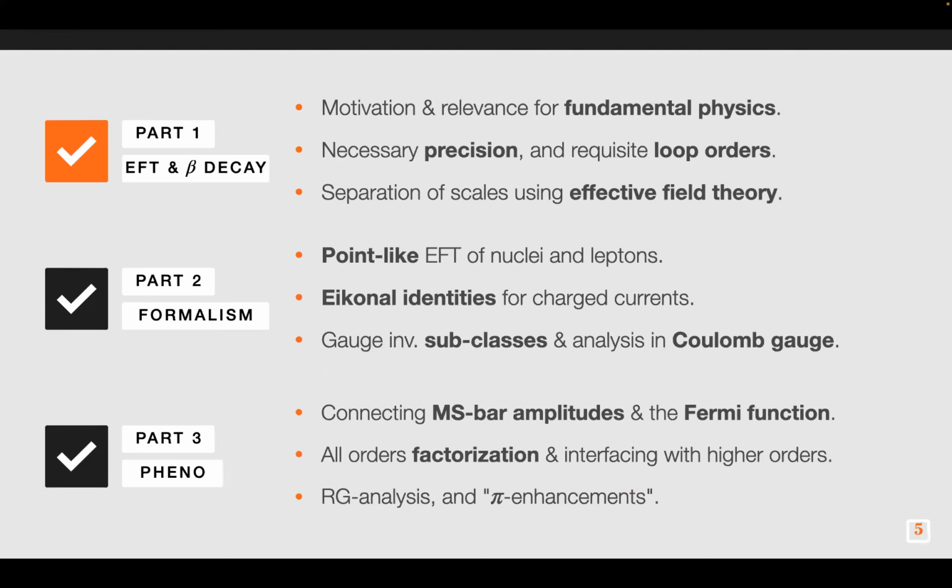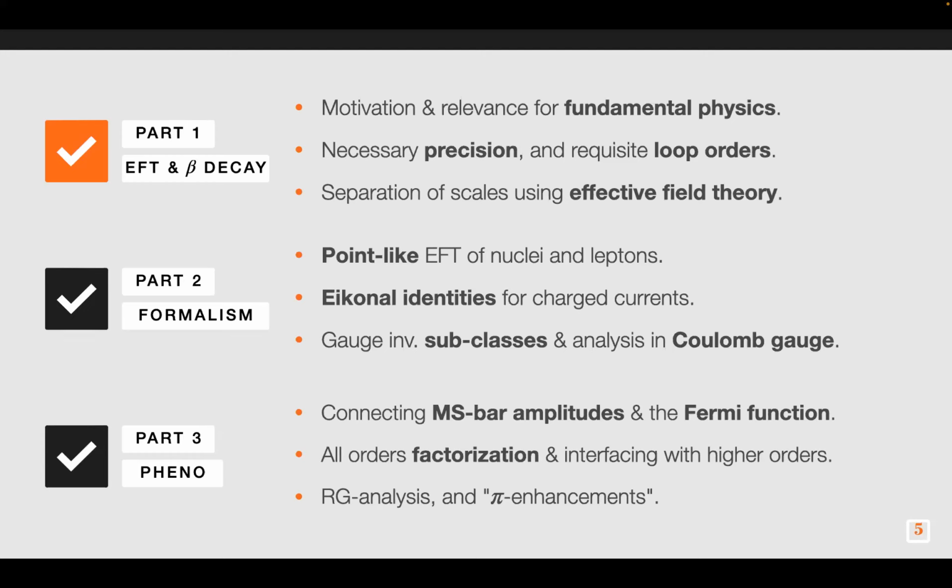Okay, so the talk is going to be organized like this. I'm going to tell you about effective field theory and beta decay. Feel free to ask questions whenever you want. So the first part is basically going to be a sketch and motivations. The second part is going to introduce the effective field theory that's used. It's an extremely simple theory, so I'll actually be able to fit a Lagrangian on one slide and walk you through everything. I'm going to then discuss some eikonal algebra, so kind of like YFS eikonal algebra that you can use to simplify the problem.